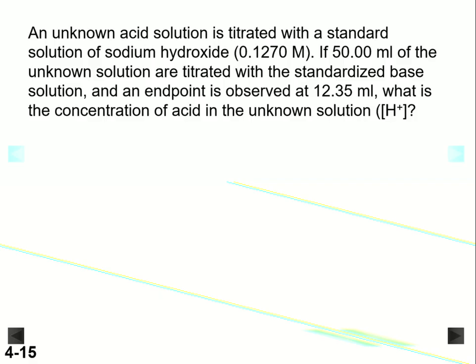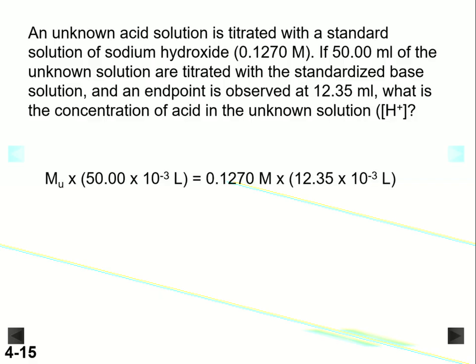If 50 mL of the unknown solution are put into an Erlenmeyer flask and titrated through a burette with the standardized base solution, and the endpoint is observed at 12.35 mL, what is the concentration of acid in the unknown solution? In this case, likely we could use a phenolphthalein indicator. There are a variety of indicators that will easily detect the endpoint for this titration.